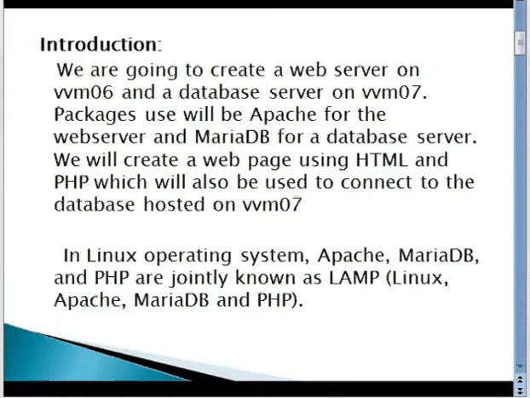Packages used will be Apache for the web server and MariaDB for the database server. We will create a web page using HTML and PHP, which will also be used to connect the database hosted on 07. In the Linux operating system, Apache, MariaDB, and PHP are jointly known as LAMP.